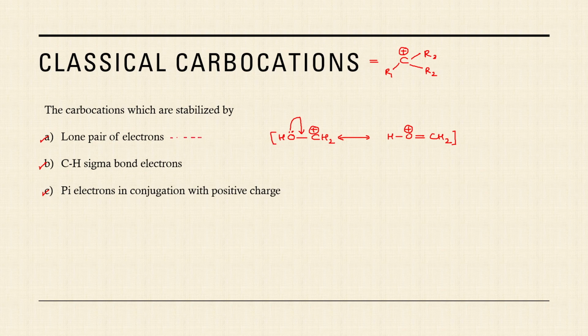Okay, उन कार्बोकैटायंस को जिनको लोन पेयर से स्टेबलाइज किया जा सकता है उसको हम इंक्लूड करेंगे क्लासिकल कार्बोकैटायन की कैटेगरी में. CH sigma bond electrons, this is nothing but hyperconjugation.